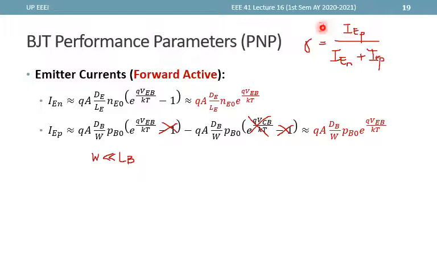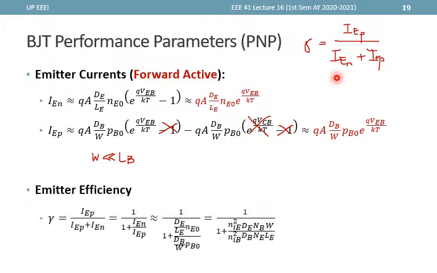Now, going back to the emitter efficiency gamma, this is the expression, but if we put IEP at the denominator, then we'll just end up with this 1 over 1 plus IEN over IEP, and therefore we need to get the ratio of these two. However, QA is common, and e to the QVEB is also common, so we'll just need to focus on these two.